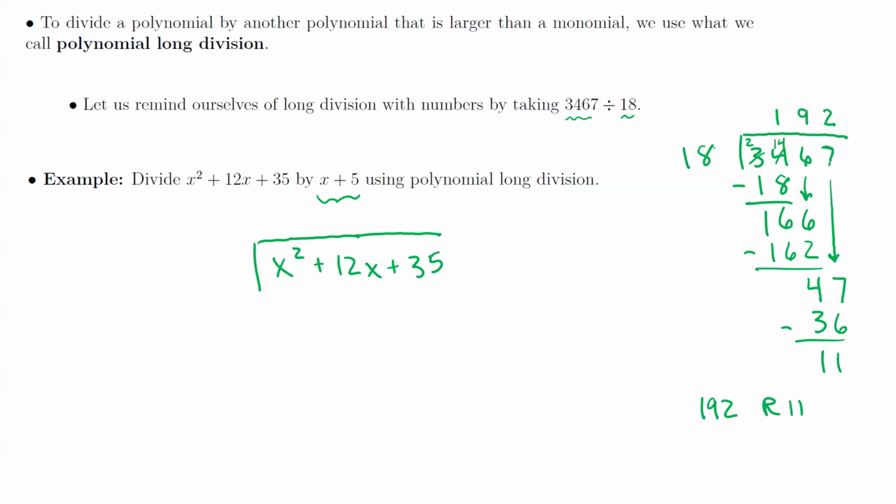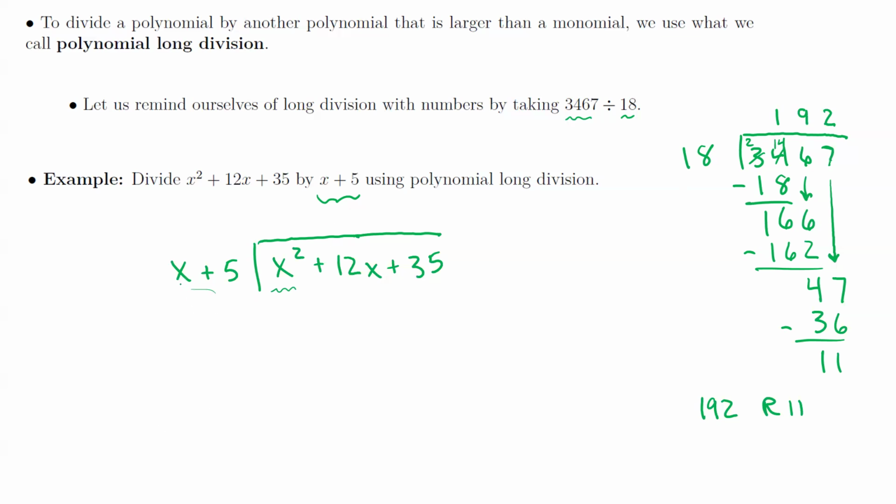And just like we put 18 outside of that, we're going to put the thing we're trying to divide by outside here. Now, we paid attention to the front end of the number 3,467, and we said, how many times does 18 fit into 34, right? And we're going to say something similar here. We're only going to pay attention at first to the x squared in terms of figuring out what I want to put up top here.